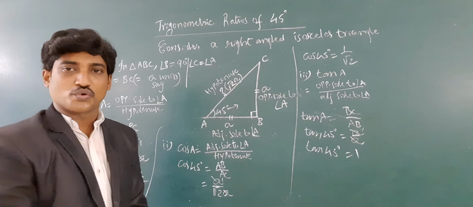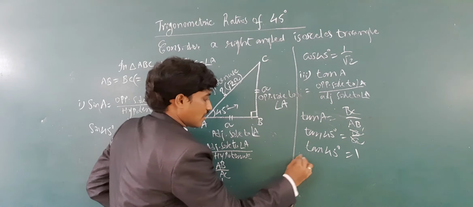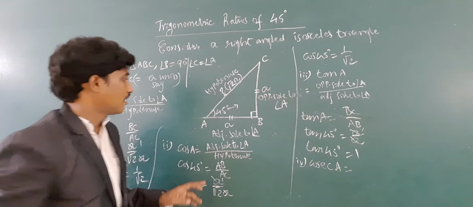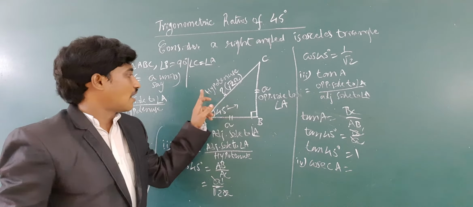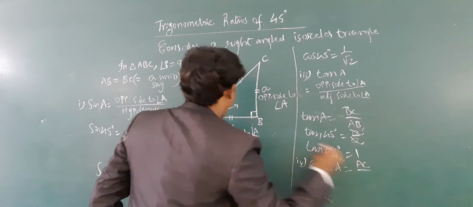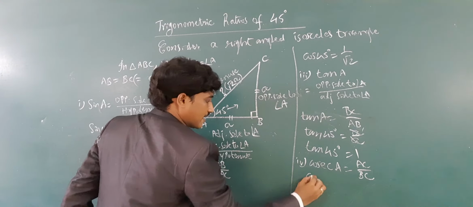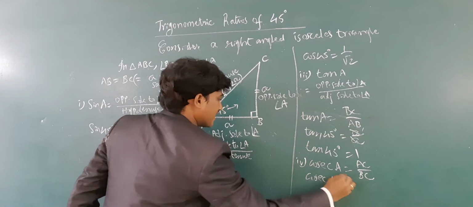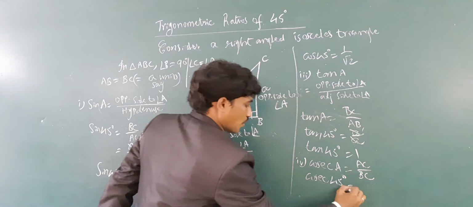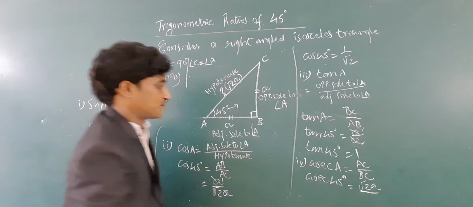Let us now find cosecant 45 degrees, secant 45 degrees, and cot 45 degrees. Cosecant A is equal to the hypotenuse by the opposite side to angle A. The hypotenuse is AC and the opposite side is BC. AC length is root 2 into A, and BC length is A units.